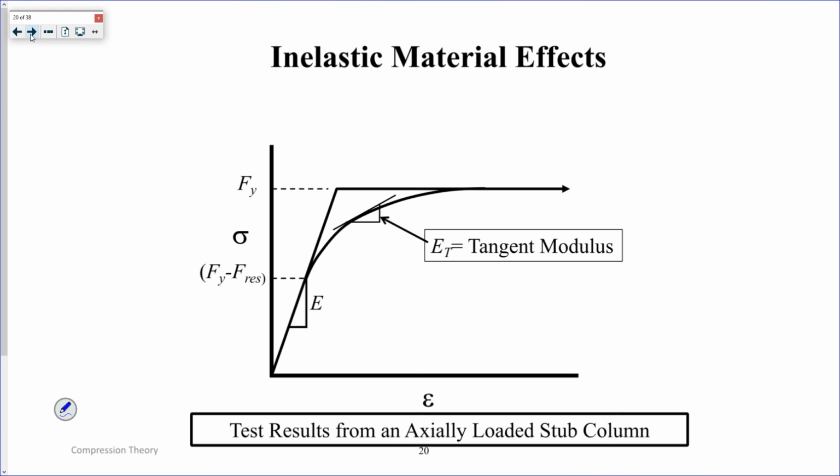So our next assumption from Euler buckling is that the cross-section is linear elastic and stays linear elastic, nothing yields. But we talked about residual stresses causing yielding to occur.